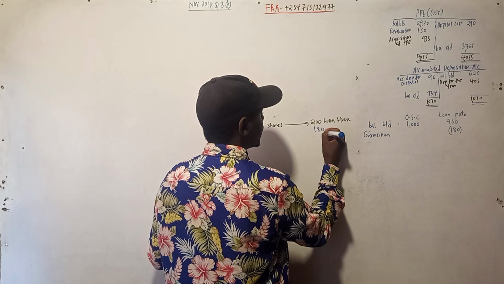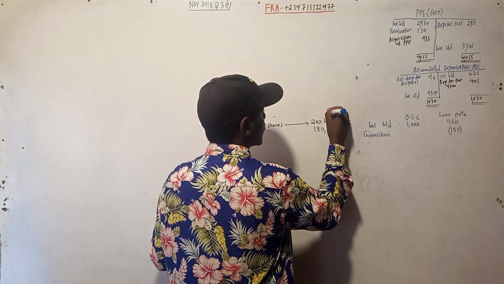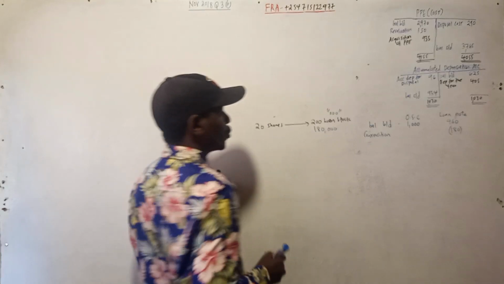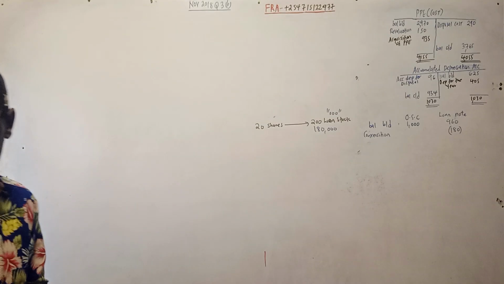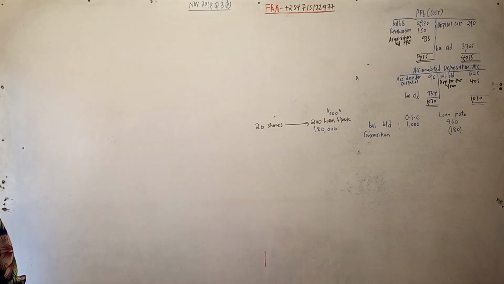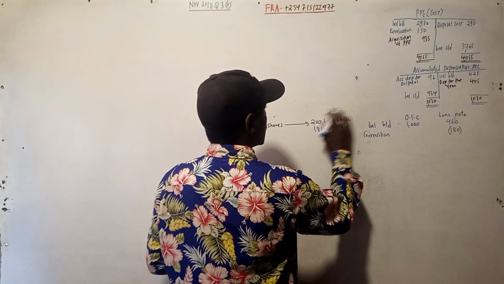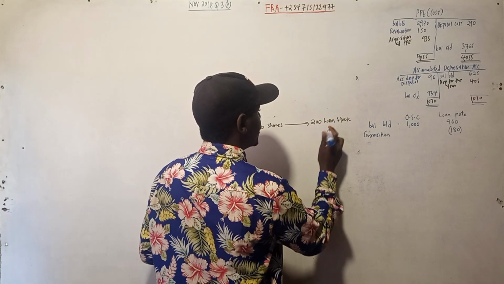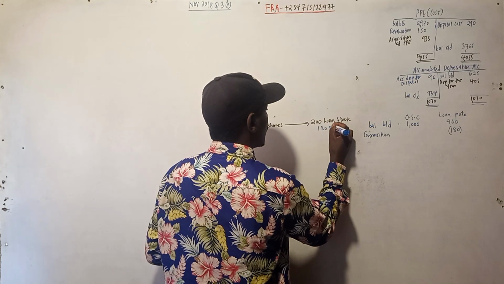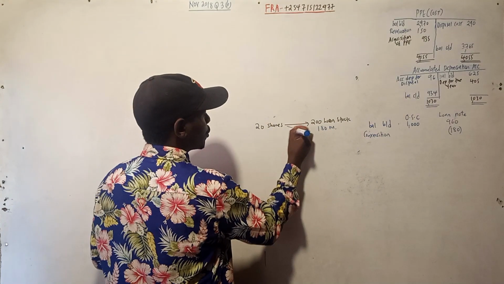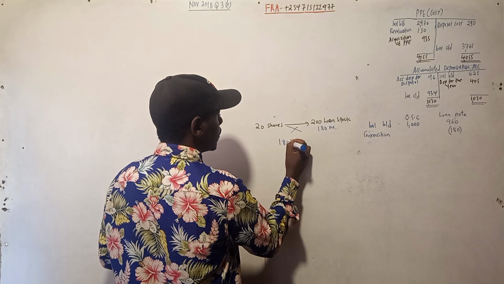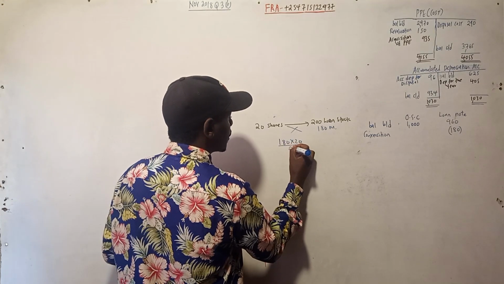Let us put it in million, because our question is in million. So how much will that be? We can multiply: 180 times 20 over 200.